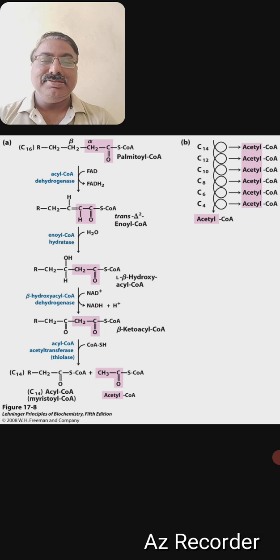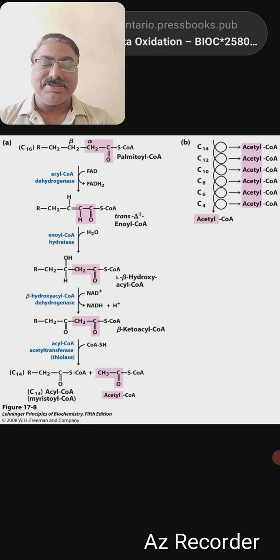The next step is addition of coenzyme ASH, and it is done by acyl CoA acetyl transferase. So when this coenzyme ASH attacks the bond between the alpha and beta carbon atoms, an acetyl CoA molecule is removed, and the fatty acid which remains is shorter by 2 carbon atoms.